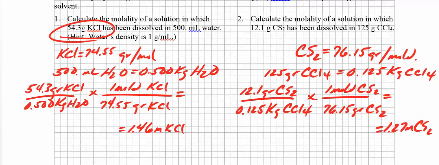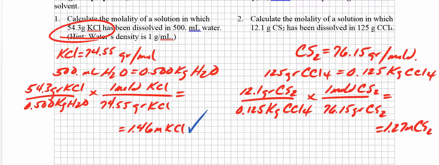And then we're going to divide by the number of kilograms of water, which we've already calculated is 0.500 kilograms of water. When we do that calculation, we get this number to 3 significant digits, 1.46 molal potassium chloride. Remember, it is little m, molal, not big M, so make sure you've got the symbol right. All right, that's number one.